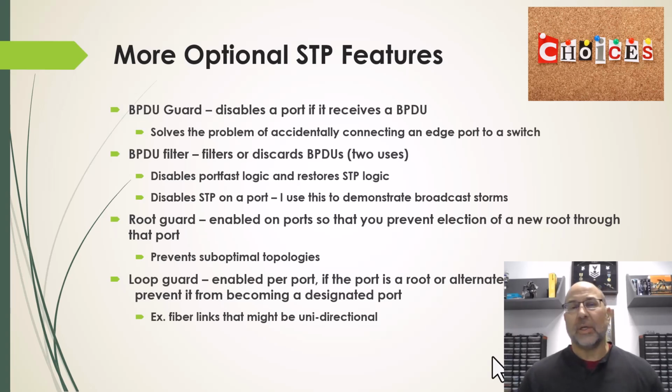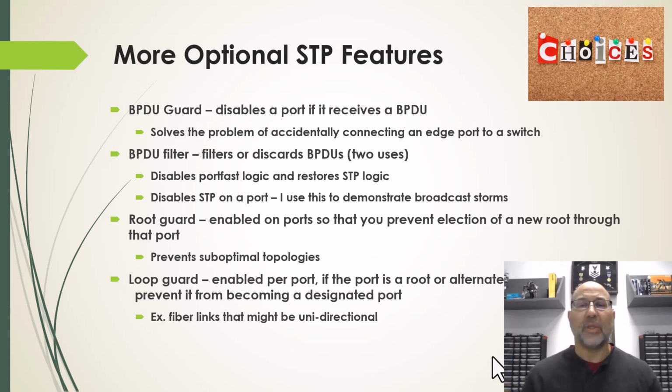Root guard. I already mentioned that spanning tree will figure things out for you, but a lot of times it's suboptimal. So if you decided who the root was going to be by changing the priority, and then something happened to where there was a change in the priority of one of the other bridges or switches, root guard would prevent that from changing your topology.